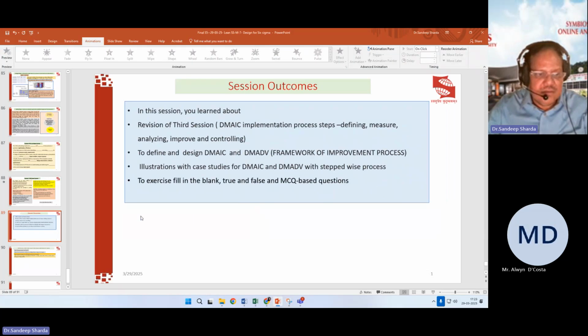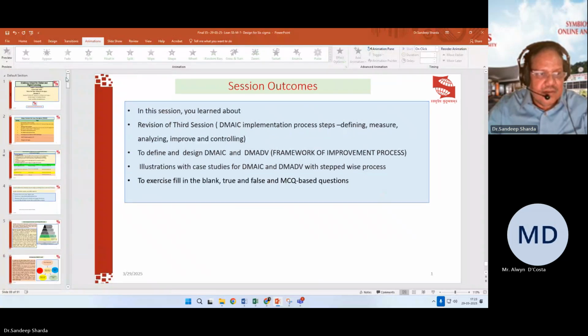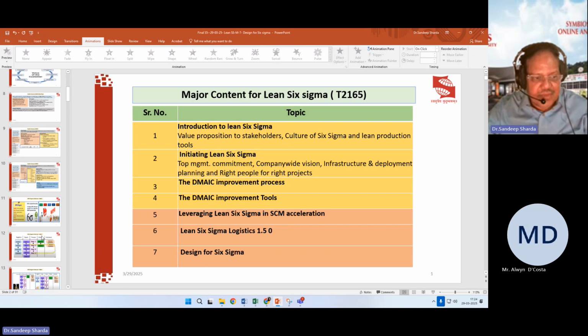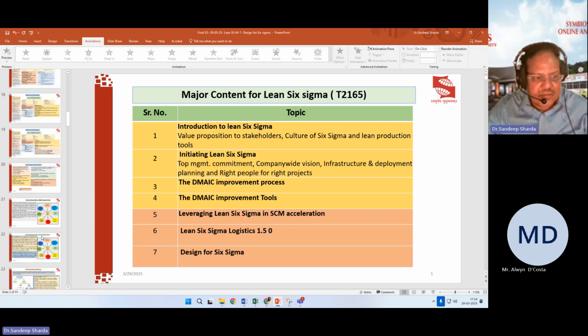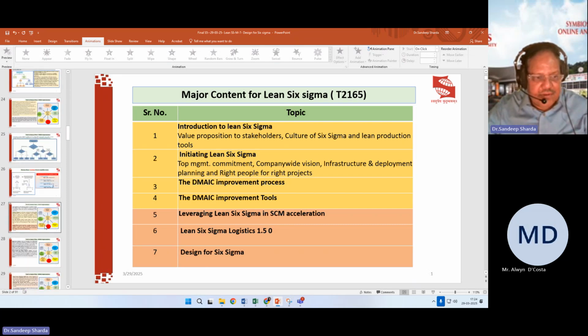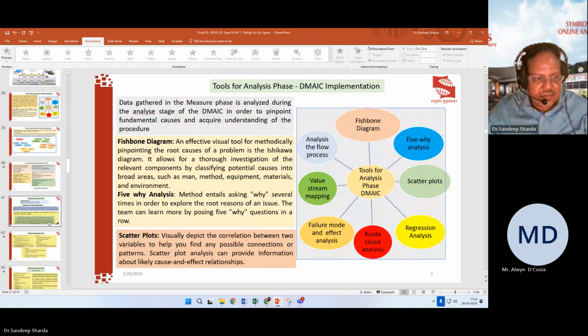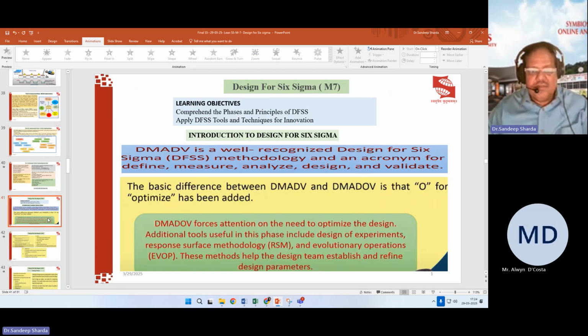Any questions there? So this is module number 7 that we have discussed, in which we have discussed the processes DMAIC and DMADV. DMADV is a well-recognized Design for Six Sigma methodology, an acronym for define, measure, analyze, design and verify.